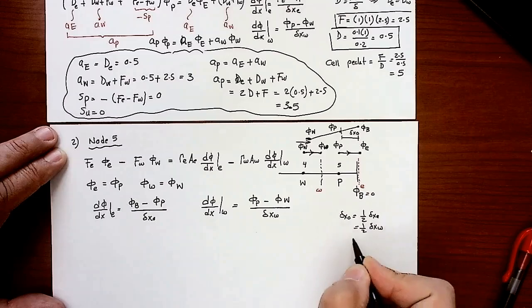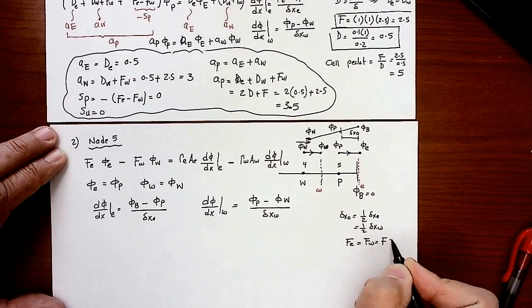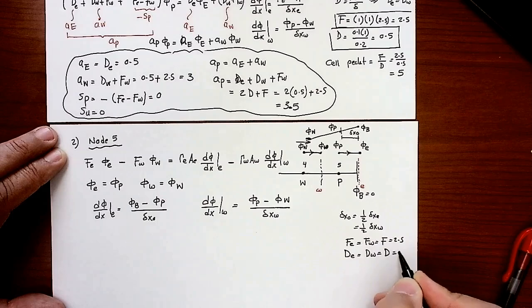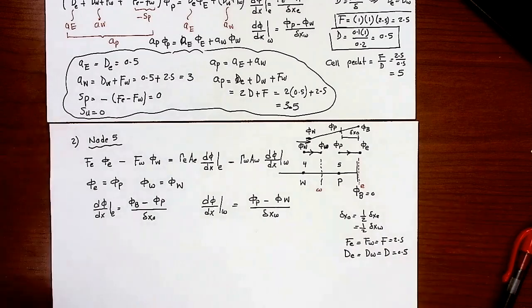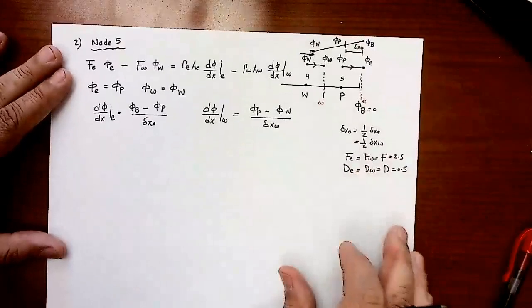We know that if F east equals F west equals F equals 2.5, and we know that D east equals D west equals D, which has a value of 0.5. So let's substitute into this equation.